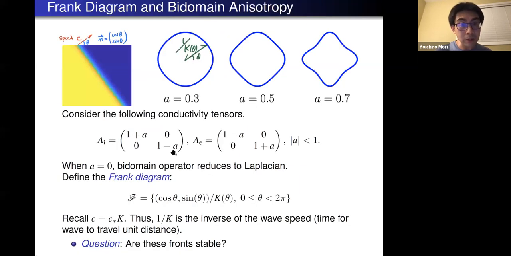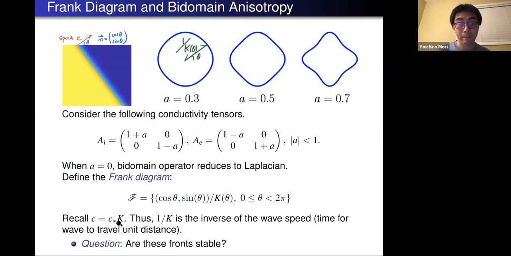So for example, if we consider conductivity tensors of this nature, diag(1 plus a, 1 minus a) and diag(1 minus a, 1 plus a), both have to be positive definite, and therefore the magnitude of a has to be smaller than 1. Then one can compute the speed of the front in every direction theta, and that speed is given by c star times some constant.